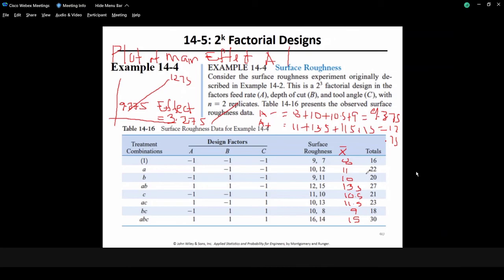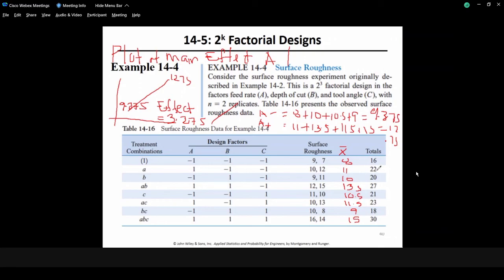I think that one is correct. 8, 11, 10, right? 13, 8, 10, 10.5, 5, 11.5, 9, and 15.